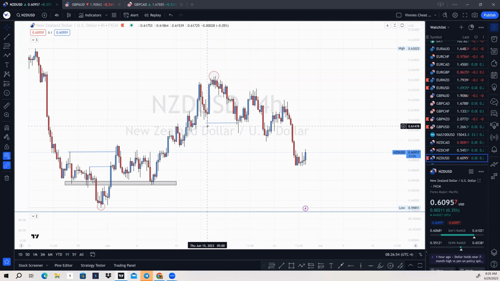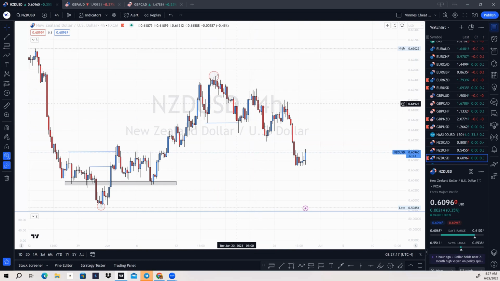To identify the trend change, you're looking for a break of structure. Price created a high, created a low. We had a break of structure. Price came back. It never broke this previous high, so that's a valid break of structure. It never broke this previous high, and price created a lower high.